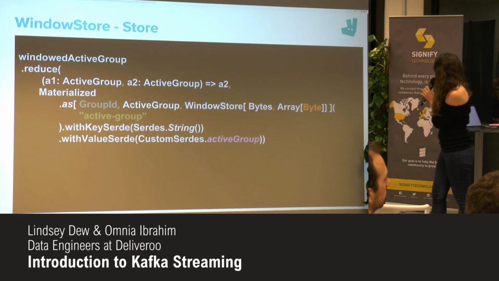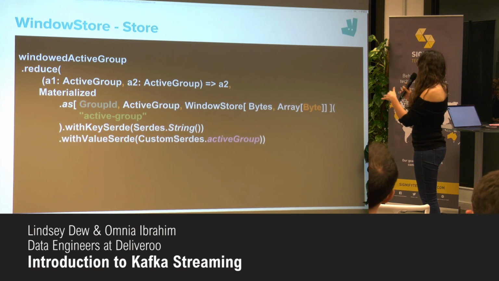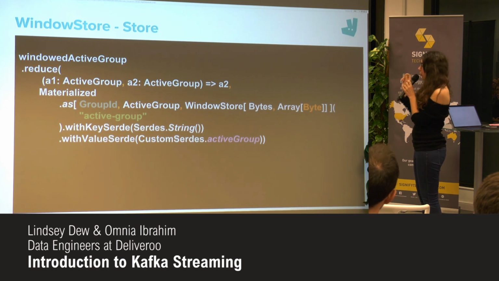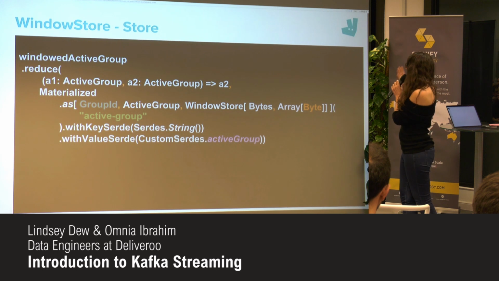The code for this looks something like this. Because we've got this windowed stream, in order to query it, we need to get this into something where there is just one record for each key in each time window, so we can use the reduce or the aggregate function. In this case, we're using reduce, and we're arbitrarily choosing a record here.